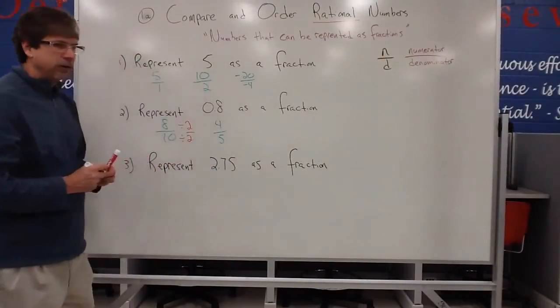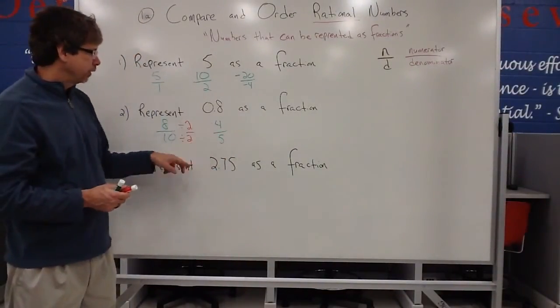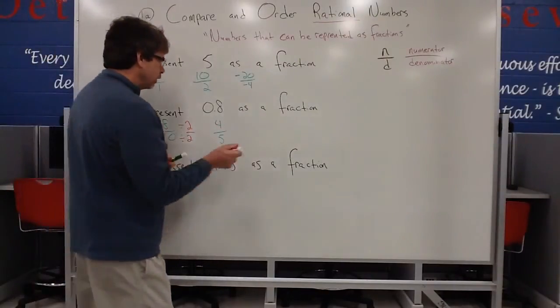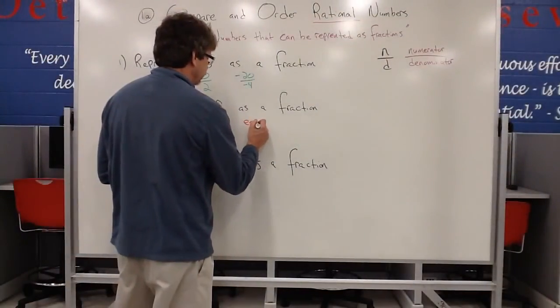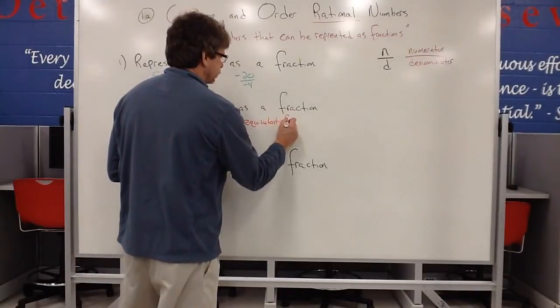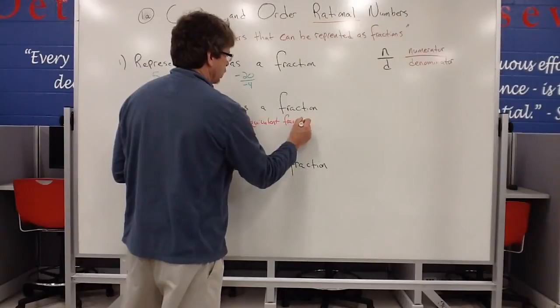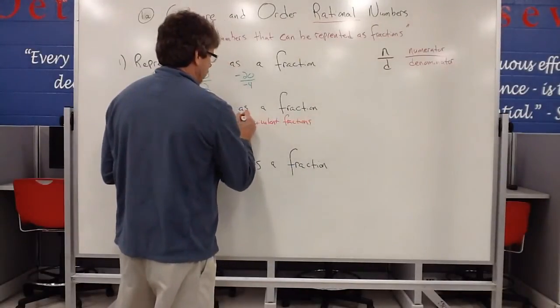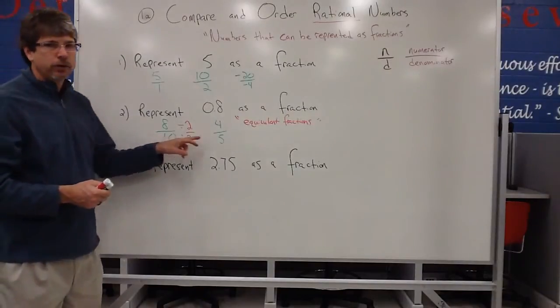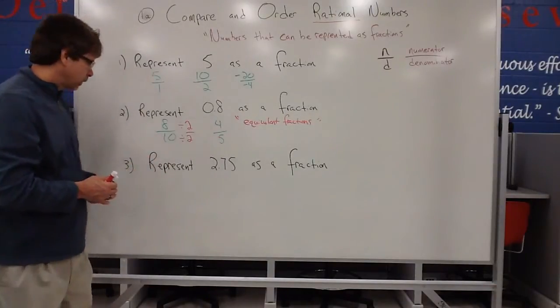So 8/10 is equivalent to 4/5. So we call these equivalent fractions. Equivalent is another fancy word for equal. Equivalent fractions happen a lot of times when you reduce or rename the fraction.